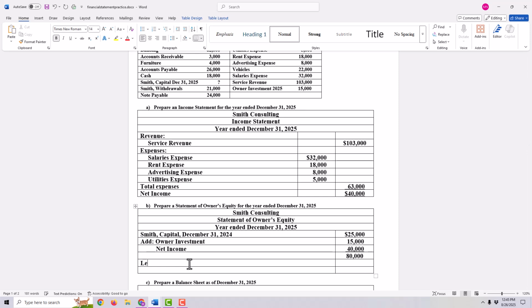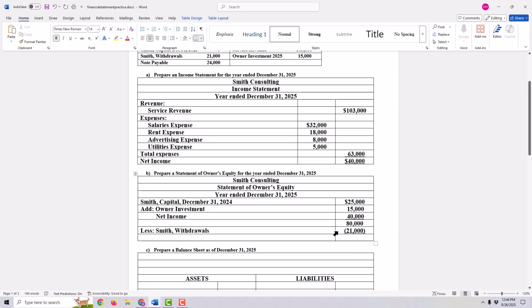Okay, then I'm going to subtract any owner withdrawals for the year, or draws. The owner withdrew $21,000 this year. So I'm going to subtract that here with a negative. So I'm going to put it in parentheses, or you could just put a minus sign there.